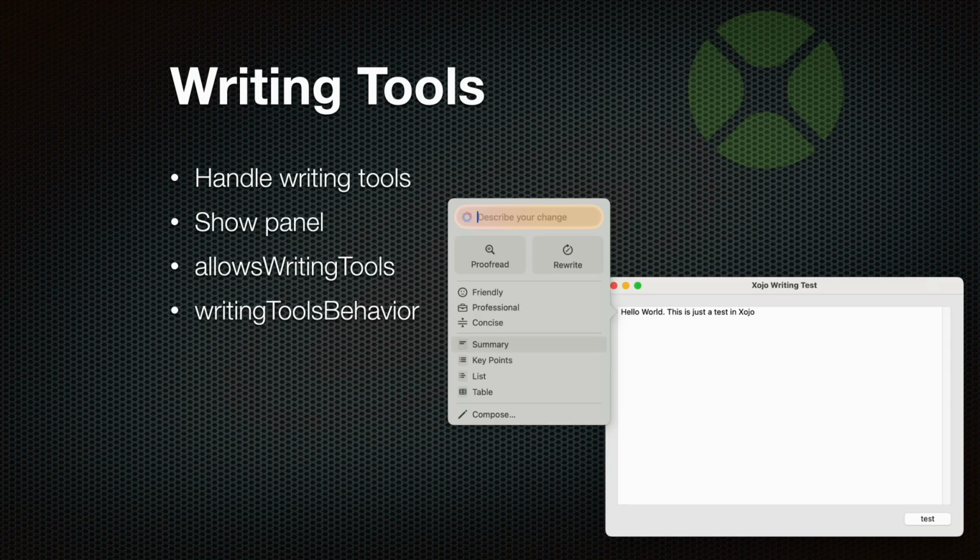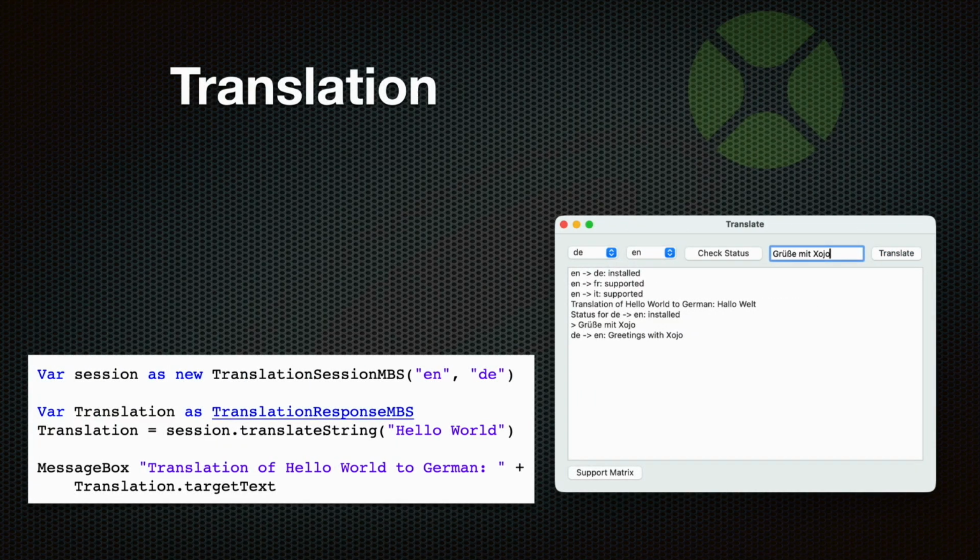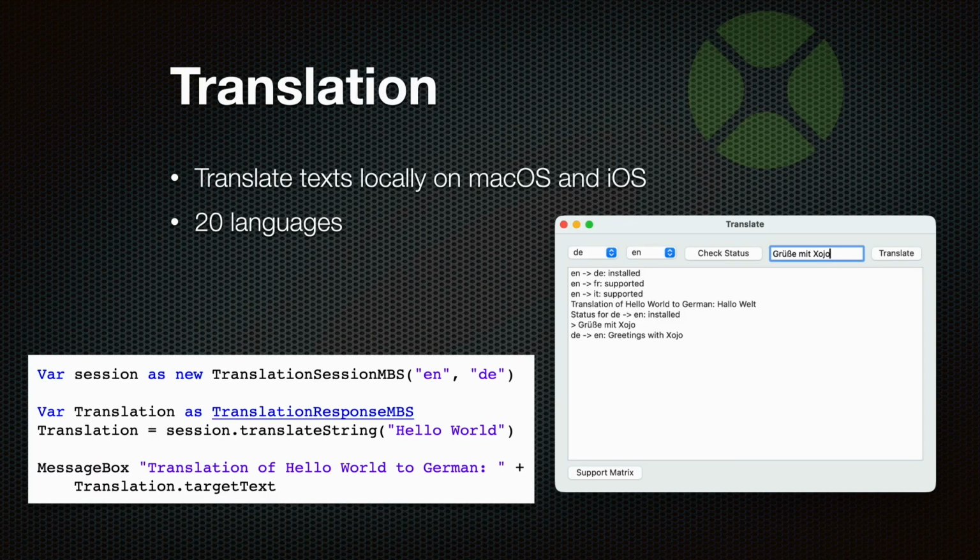So users can enjoy these writing tools that they see in every other application, you know. Then we also have translation frameworks from Apple, which we can use in your macOS or iOS application for doing on-device local translation in something like 20 languages currently.